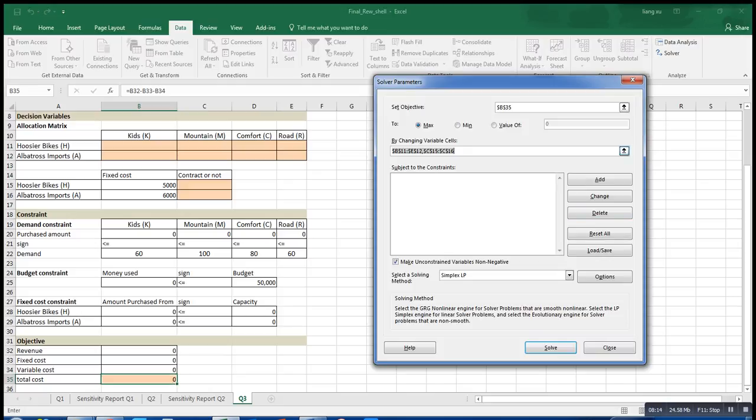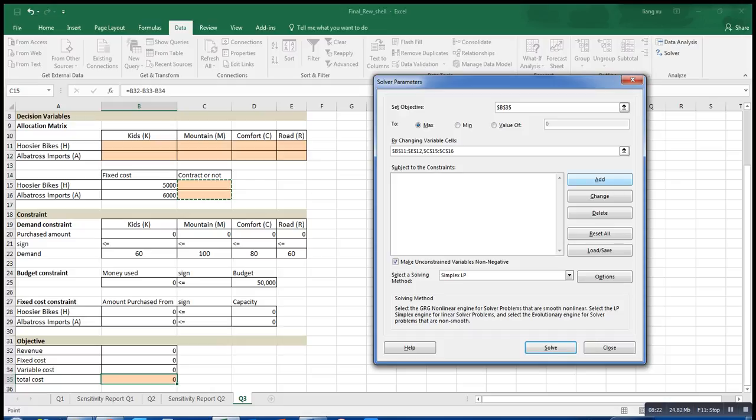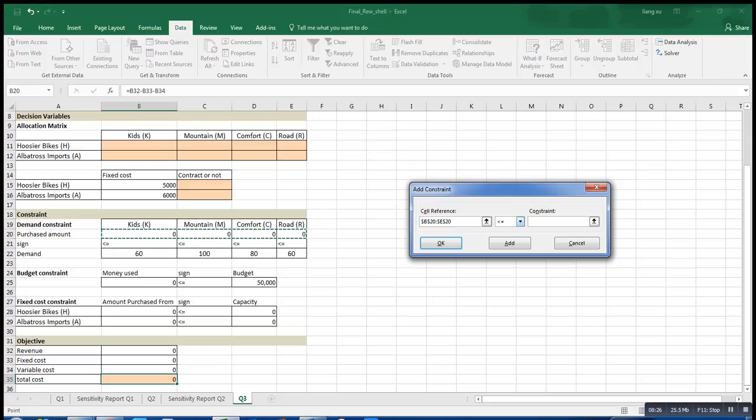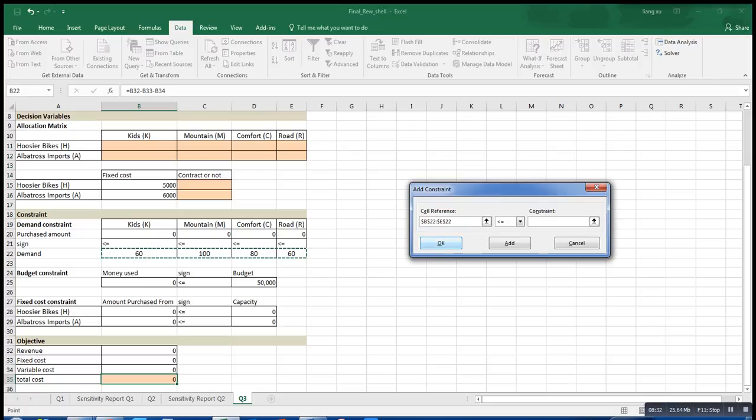The changeable variables are the allocation variable as well as the contracting variable. The constraints are three sets. This is the total amount you purchase to be less than the demand.